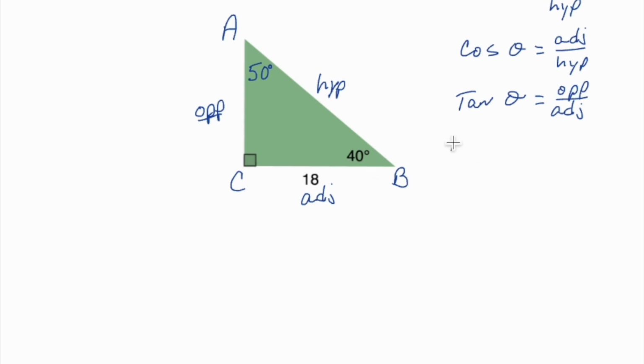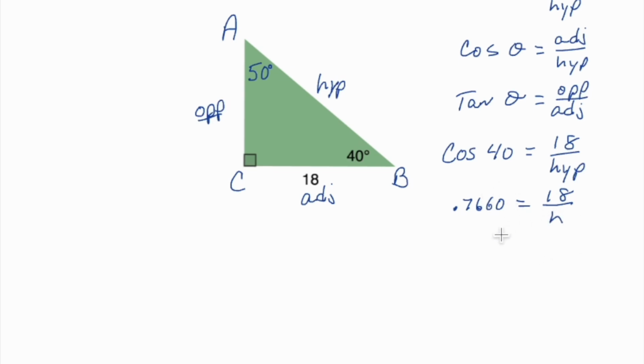Okay, so let's try this. The cosine of the angle, cosine of 40 degrees, is equal to the adjacent, which is 18, over the hypotenuse. So we use the calculator, we find the cosine of 40 degrees, which is 0.7660, usually rounded to about 4 decimal places, over the hypotenuse.